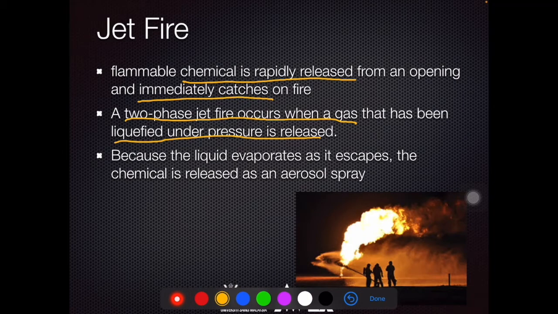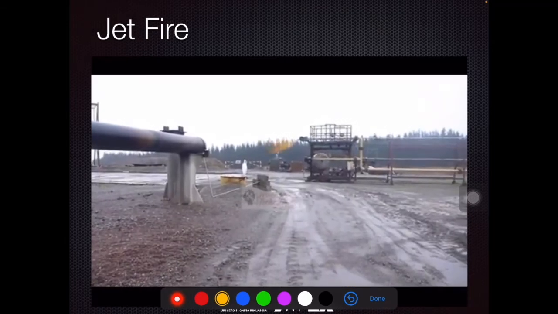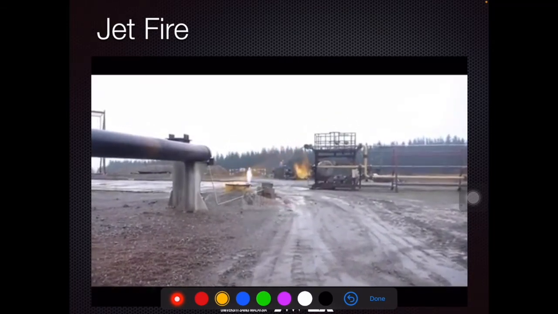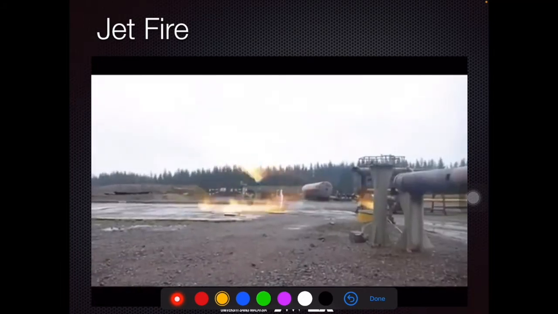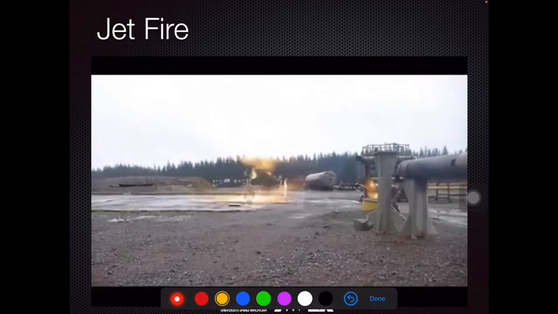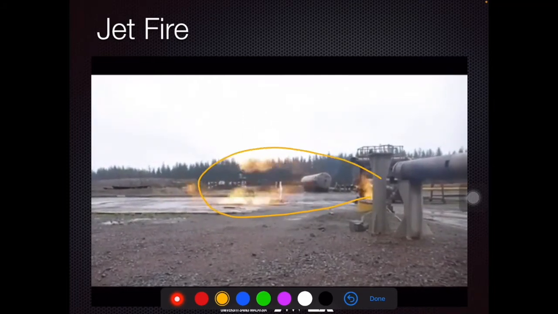So it causes a jet fire, because the liquid is evaporated and as it escapes, the chemical is released as an aerosol spray. We also know this as a flamethrower. As you can see here, for some chemicals, we will not see the flame itself. This is an example of a jet fire.